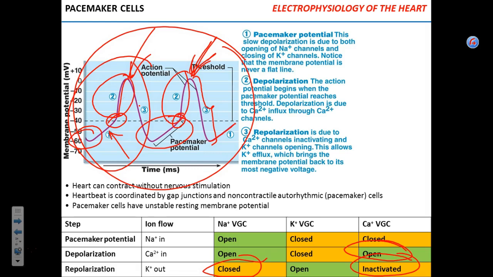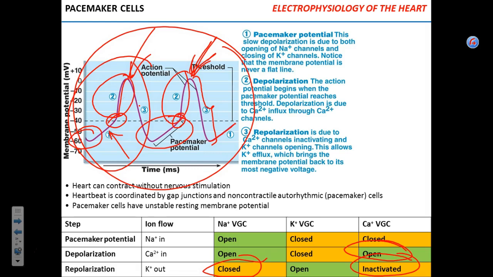So basically, you see that the pacemaker potential is formed by sodium. Depolarization is due to calcium. However, repolarization is basically the same potassium role. So these pacemaker cells set up the contraction rhythm, the contraction rate in the heart.